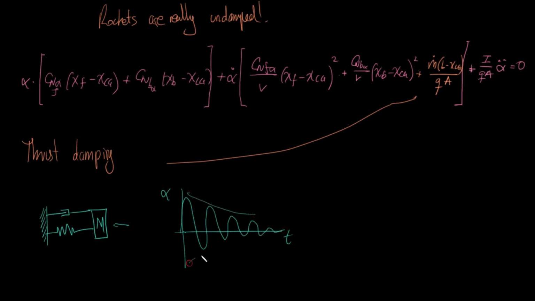So the damping is hopefully going to fade away the perturbation and cause the rocket to go back to alpha equals 0. As I said, rockets are really undamped, as we're going to see. We're going to see specifically how damped they are, but you'll see they're really undamped. This means that it's going to oscillate a lot, theoretically, until the perturbation fades and dies off.